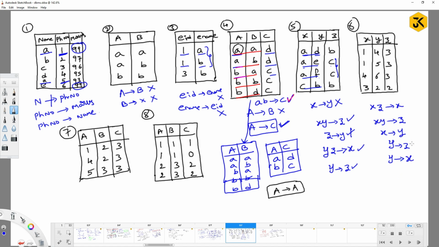So you can check for the coming class whether these are possible or not. Similarly, for the seventh one, A determines B, BC determines A, B determines C, AC determines B. Similarly, here A determines B, B determines C. Okay. For the coming class, try to check whether all this is possible or not.